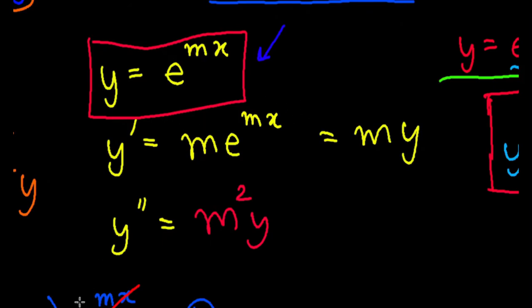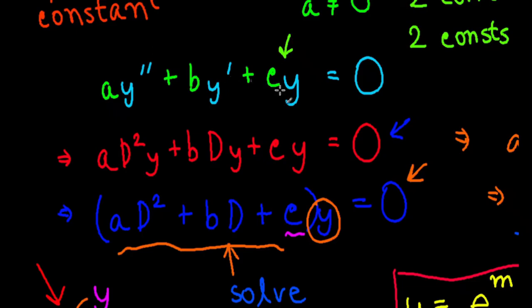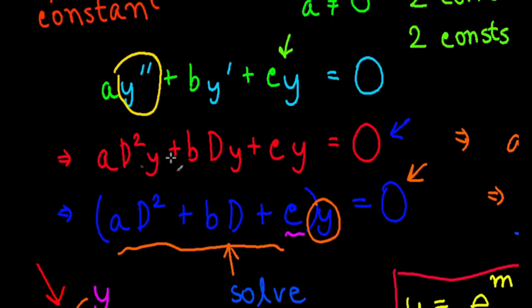The main thing is we take our differential equation and replace the derivatives of y and y itself with some unknown constant which we need to solve for. We're calling that m. The easiest way to form your characteristic equation is what I'm trying to get at.